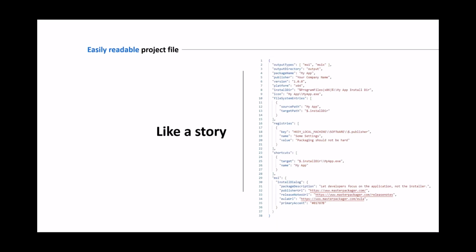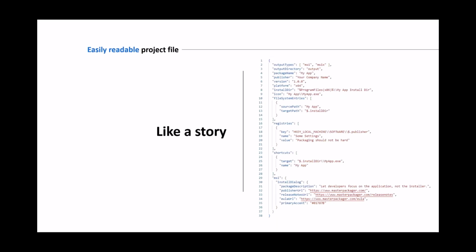And then we move on to the file system entries. File system entries are a way for developers to tell where their source files are. And in the target path, they specify where they want to install these files on the end user's target machines.